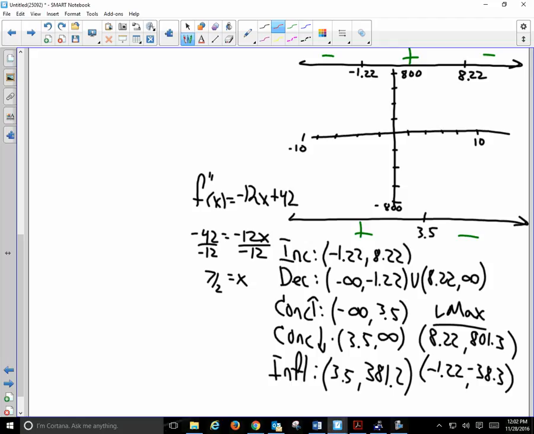If I plot the local max, 8.22, 801, it'd be up here. The local min of negative 1.22, negative 38. Inflection point 3.5 and 381, so short of 400. And I know it is decreasing and concave up.